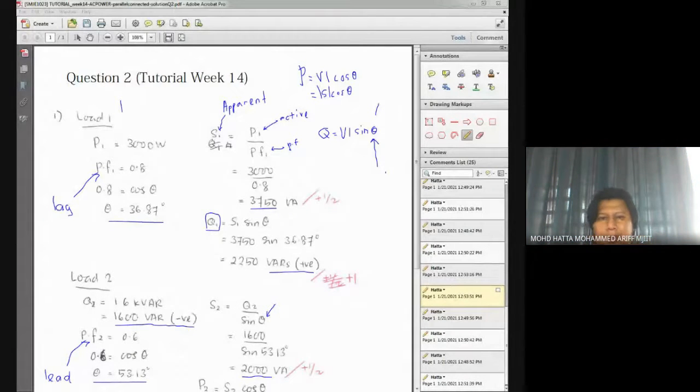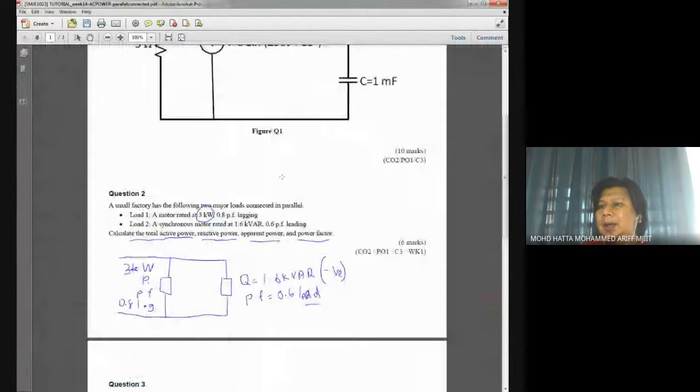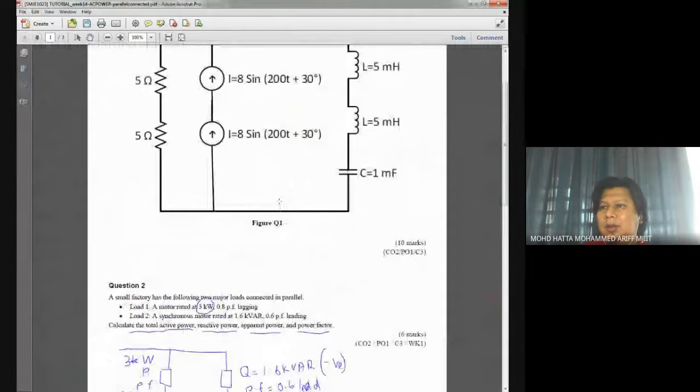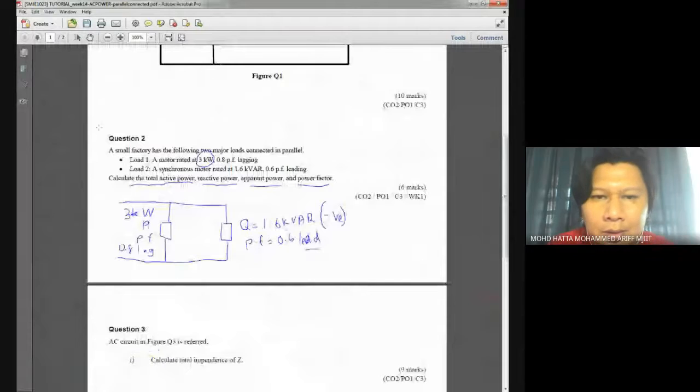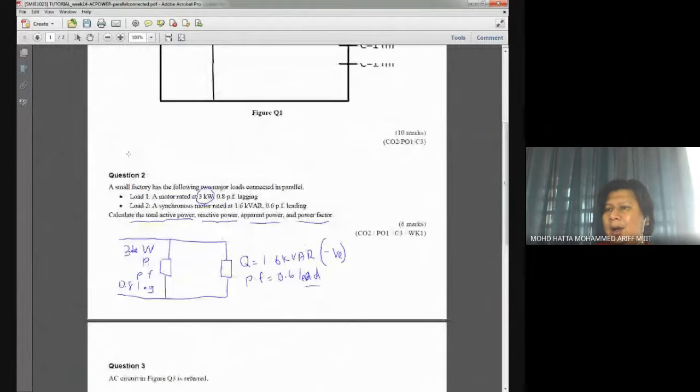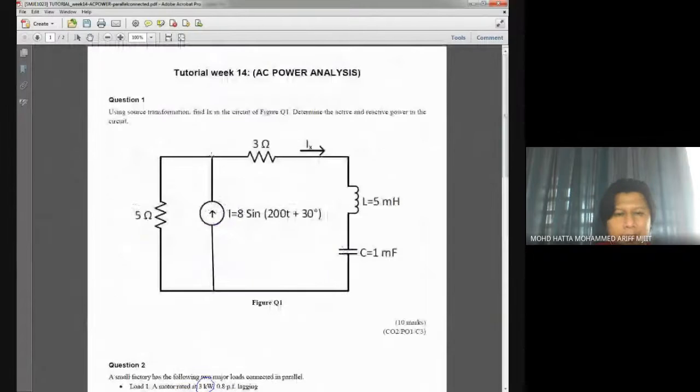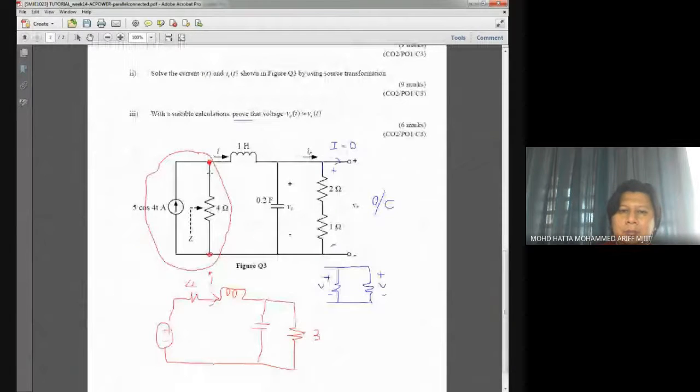As I mentioned earlier in the class, if you look at our tutorial over here, question number 2 definitely will not be in your test 2, but maybe it will be available in the final exam. But questions like question number 1 and question number 2 are most likely available in your test number 2.